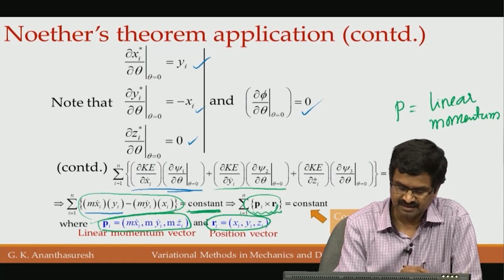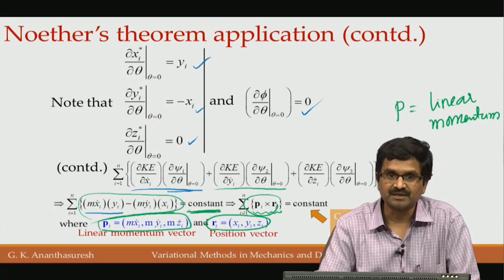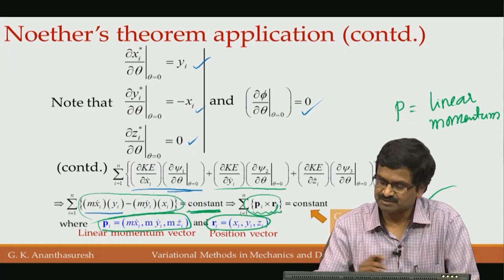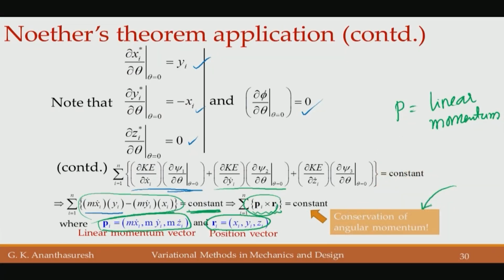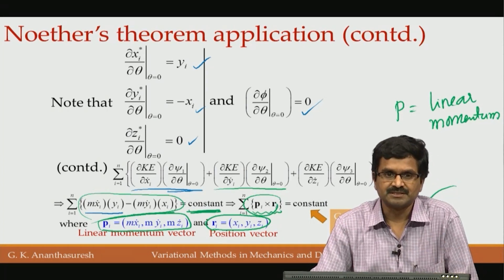P cross r summed over all the particles equal to a constant is nothing but the principle of conservation of angular momentum. So, Noether's theorem gives you the conservation of angular momentum when you write down the equations.